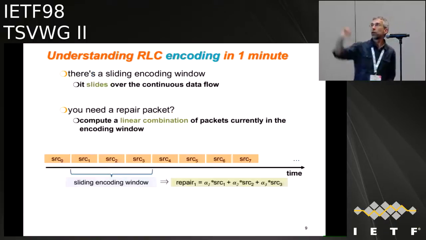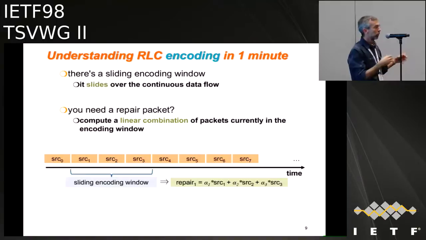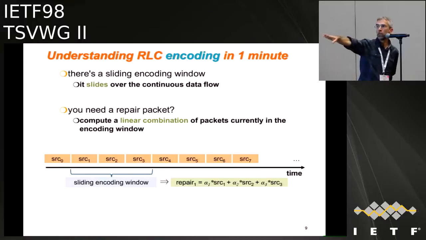I will introduce what a sliding encoding window is in two slides, very briefly. It's quite simple, in fact. There is a sliding window over the continuous set of source symbols, source packets. In this figure, the sliding window at that time encompasses source packets 1, 2, and 3.